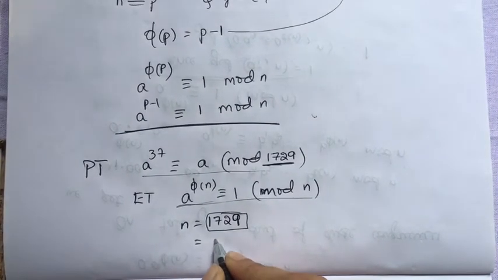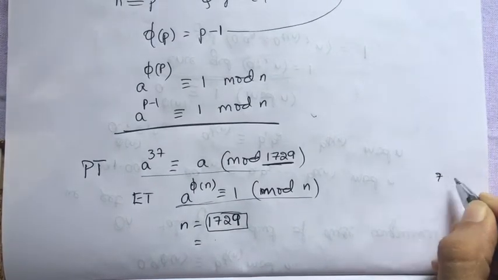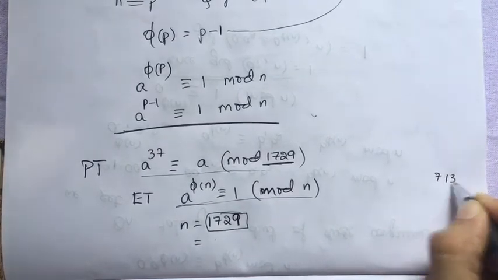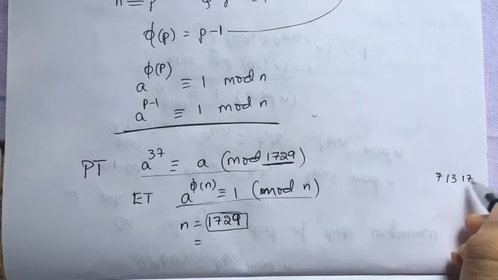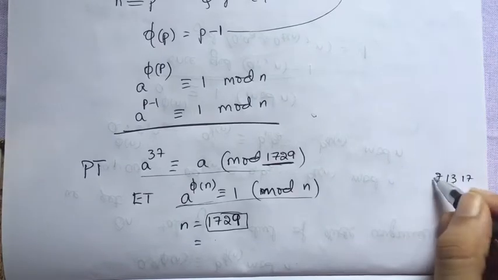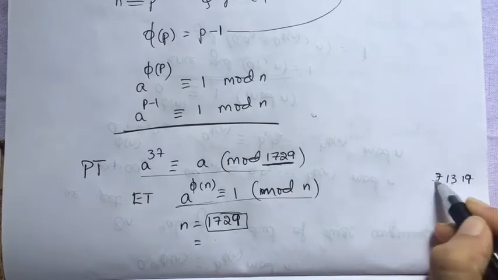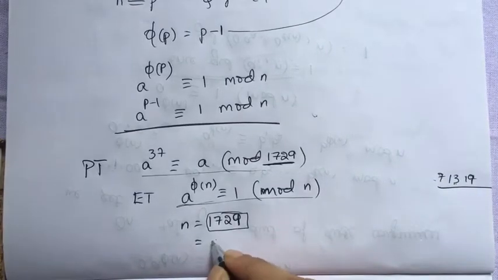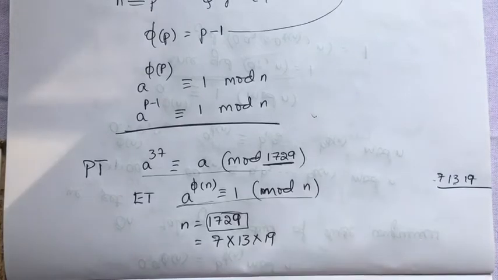Maybe I'll check. So we can write it as 7 into 13 into 19.